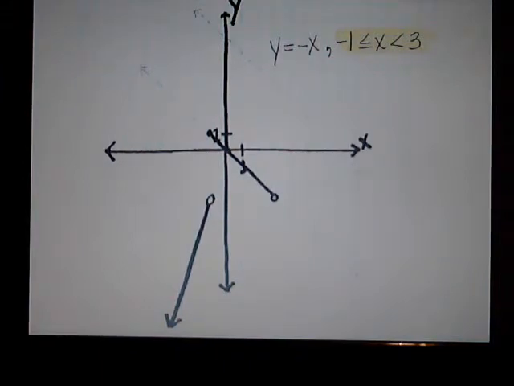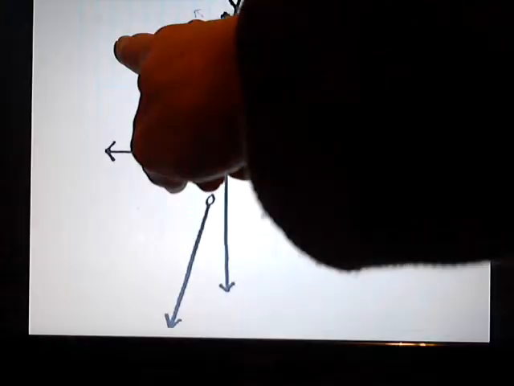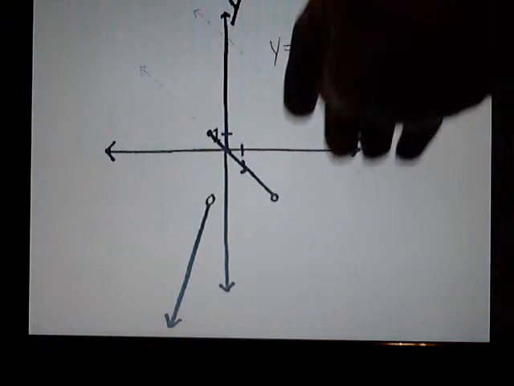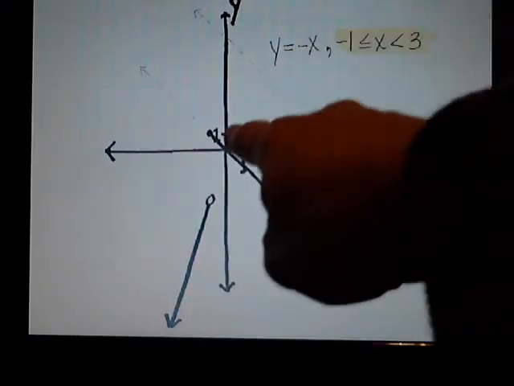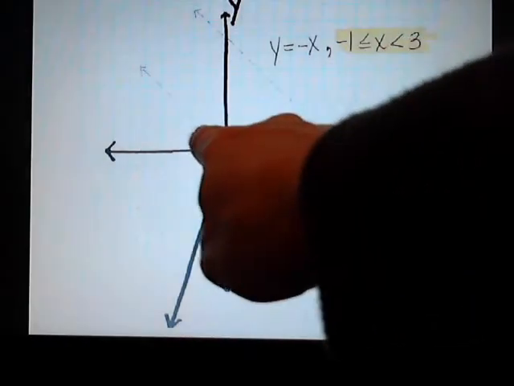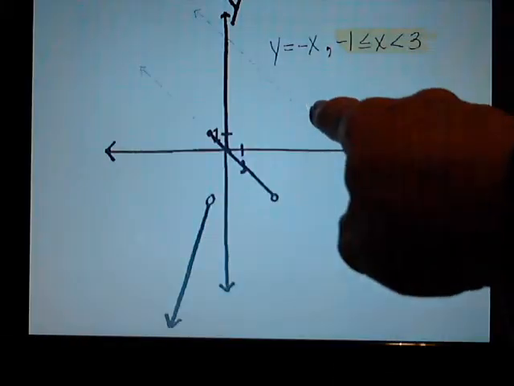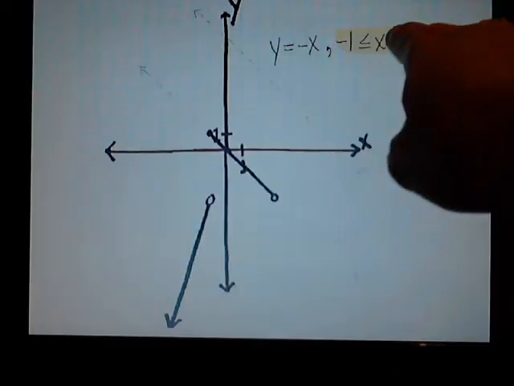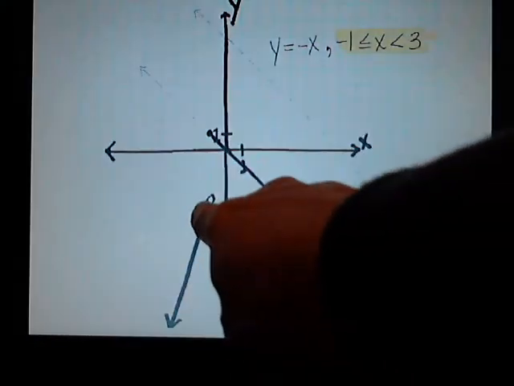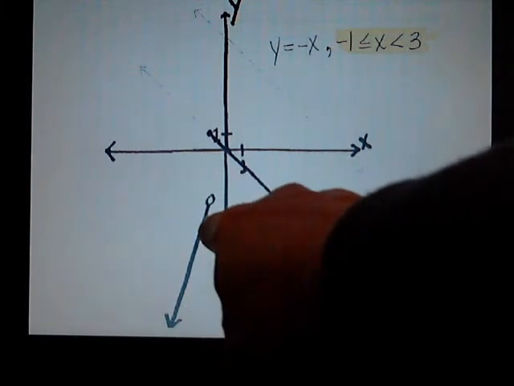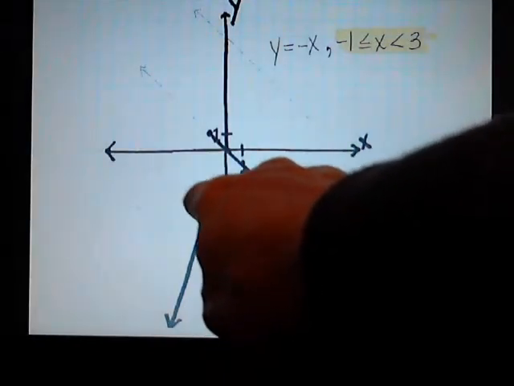My suggestion to students before has been to graph the line as dotted, and then you can just darken in. If you notice, -1 is "or equal to," so that portion is darkened in, like a closed circle. And it says less than 3, so that's an open circle. The same thing applies to the other line. It said less than -1, so this is open.